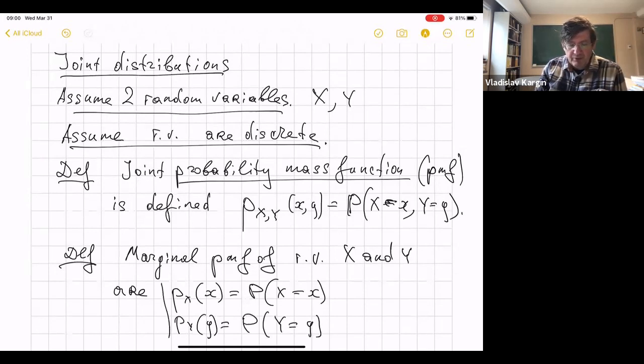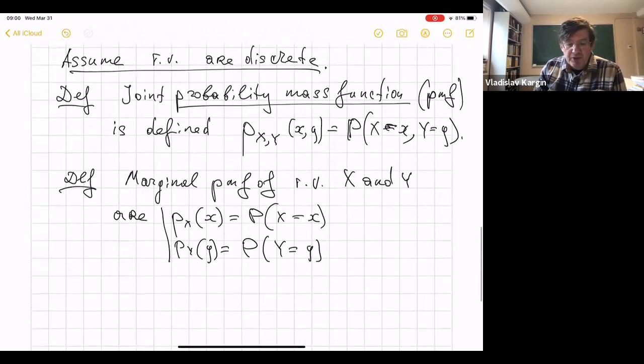So this is our usual PMF. There is nothing new here, except the word marginal. We use the word marginal because this is a situation when we have two random variables. If you want to say PMF over two random variables, we say joint PMF; if we want to say PMF of one random variable, we say marginal PMF.